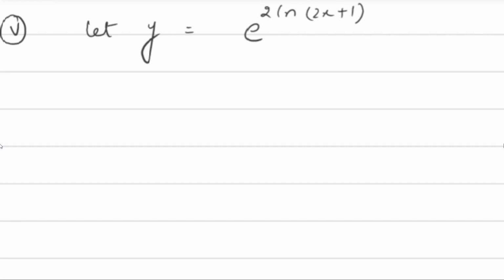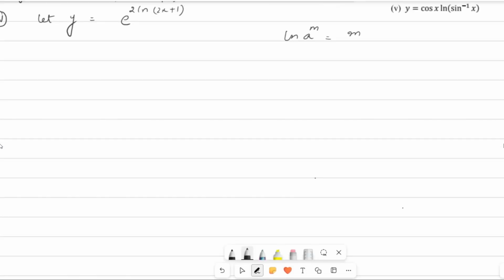Here I have told you in the properties of logarithm that m into ln a can be written as ln a raised to the power m. And we know that e raised to the power ln cancel each other.